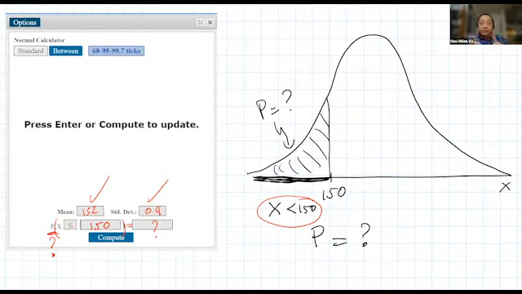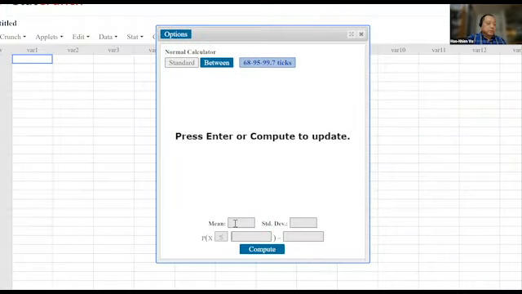So that means we're going to fill in all of these numbers, and we're going to leave this box blank. And once we hit compute, the blank will fill in with the correct answer. So let's go ahead and do that. Here we go. I'm going to fill this in with 152, fill this in with 0.9, fill this in with x less than or equal to 150. And like I said before, this is a drop-down menu.